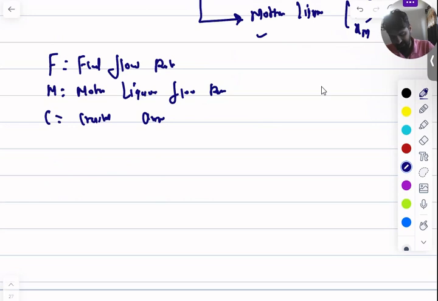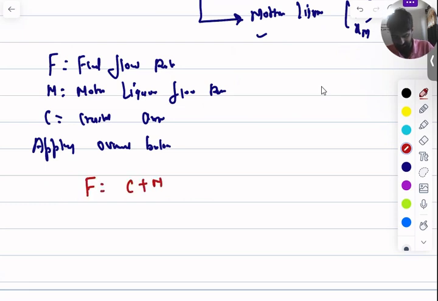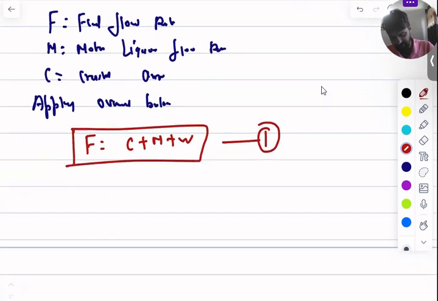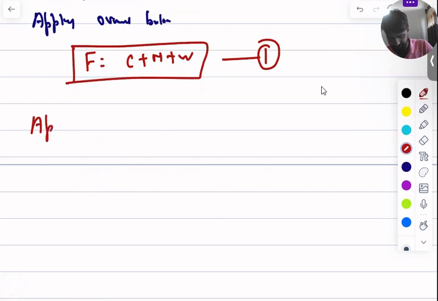Something like that. If I apply the balance, you can write F is equal to C plus M plus W. This is your first equation. And for the second, apply the solute balance.